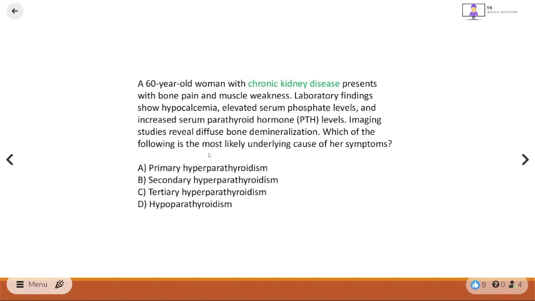Which of the following is the most likely underlying cause of her symptoms? The most likely underlying cause is increased serum parathyroid hormone. The question here, what caused the increased serum parathyroid hormone levels, is the chronic kidney disease that led to hypocalcemia and increased phosphate levels. Okay, so this is called secondary hyperparathyroidism.